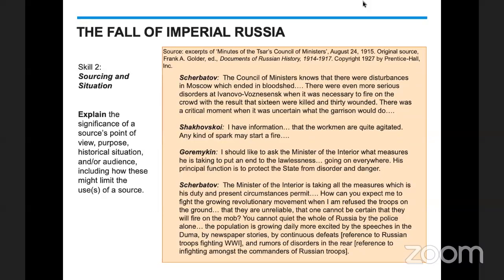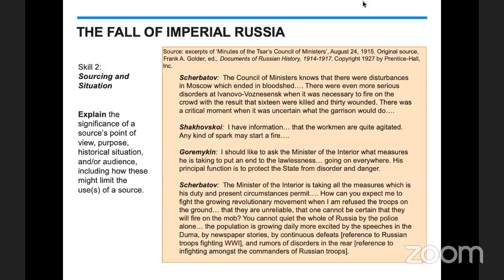Shcherbetov, the Council of Ministers knows that there were disturbances in Moscow, which ended in bloodshed. There were even more serious disorders at Ivanovo, Voznesensk, when it was necessary to fire on the crowd, with the result that 16 were killed and 30 wounded. There was a critical moment when it was uncertain what the garrison would do.